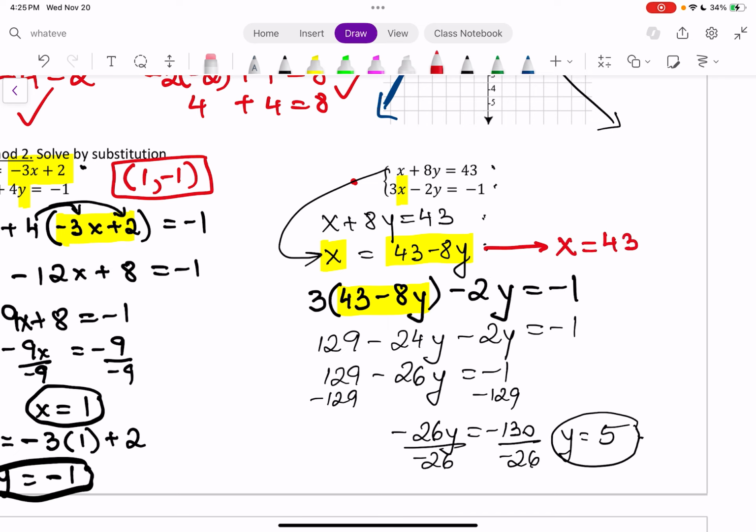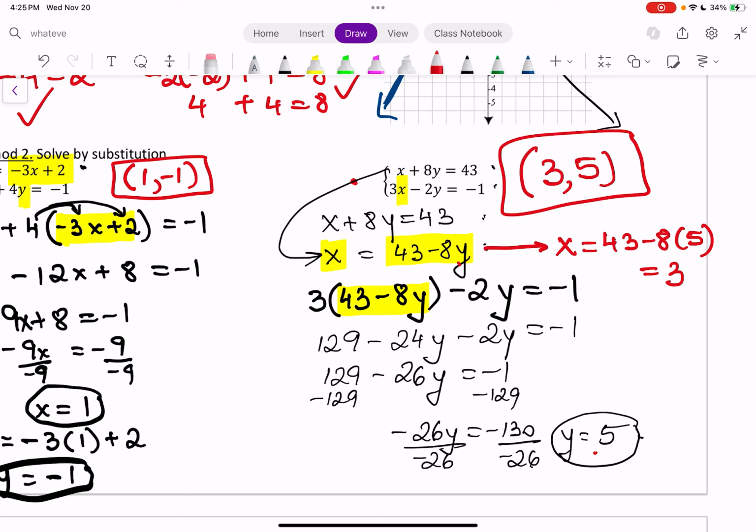So all I have to do is plug in 5 for y, because now we know that y is 5. So 43 minus 8 times 5 is 40. That's going to equal 3. So one more time, our solution, written as an ordered pair, is (3, 5).